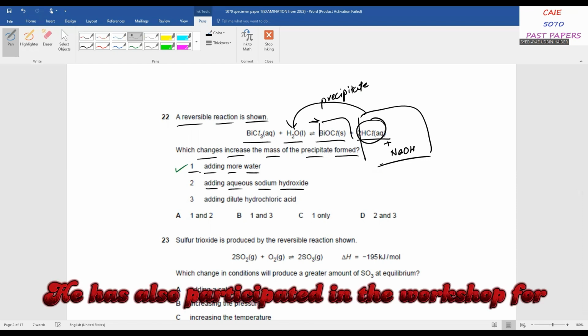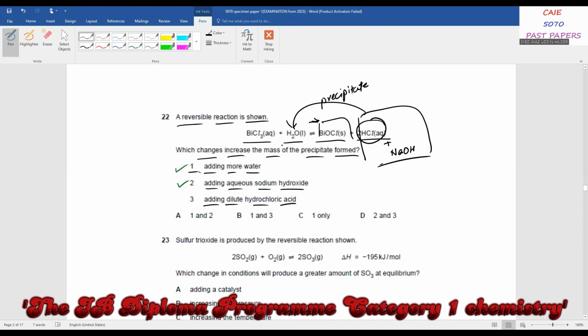So this statement is also correct. Number 3, adding dilute hydrochloric acid. Definitely it will shift the equilibrium to the left hand side, which means you will have more BiCl3 and H2O. So both statement 1 and 2 are correct. So the correct answer will be choice A.